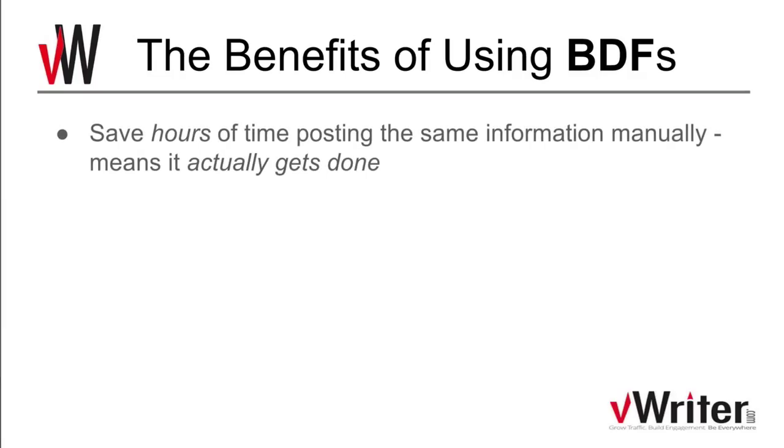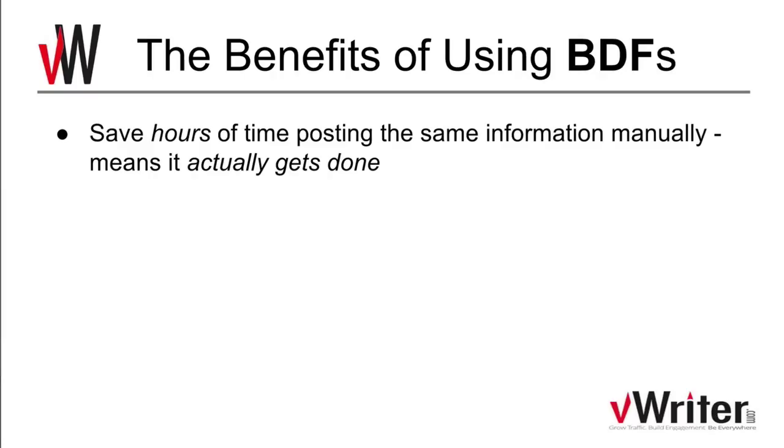In terms of the benefits of using these bulk data feeds, it literally saves you hours of time posting that same information manually. If you were going to go around the different social profiles every so often and take the next bit of information you wanted to tweet out or post on Facebook, it would first of all be a management nightmare, and secondly, it would just take up time and disrupt other activities.